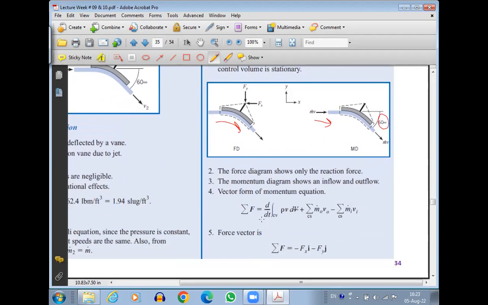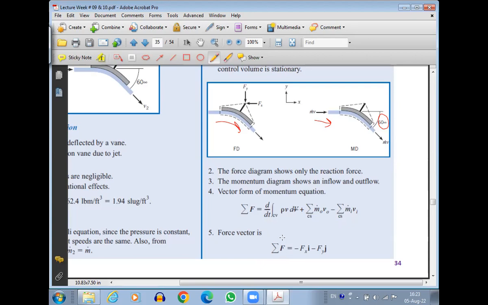So we have this equation that we are going to use here: summation F equals, first, the momentum accumulation term. This term will not be there, since there is no change in momentum with time. Then we have the momentum of the fluid going out of the control surface, and the momentum of the fluid coming into the control surface.